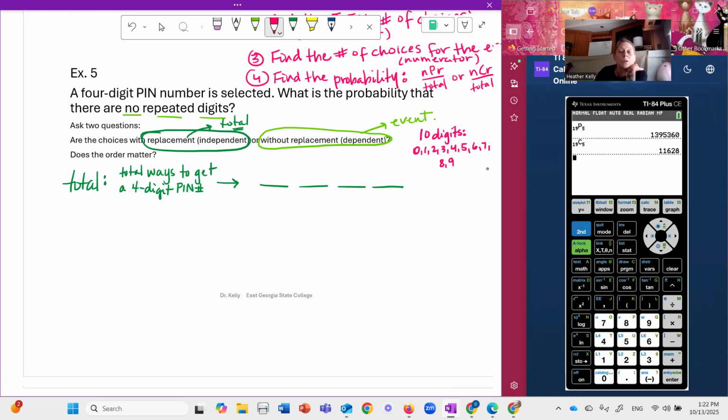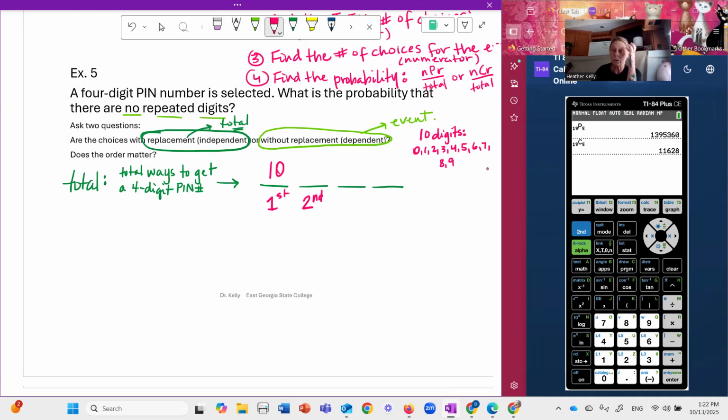So we're talking about the first digit. How many different numbers can fit in that slot? Well, there would be 10 different numbers that could fit in that slot. And because we can have repeats, if not, why would they be asking this question?